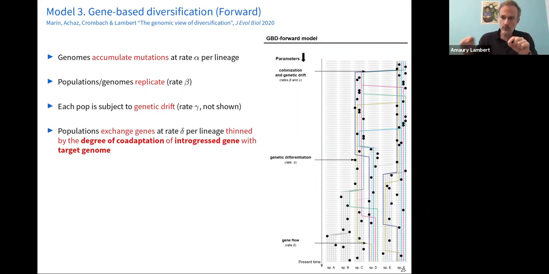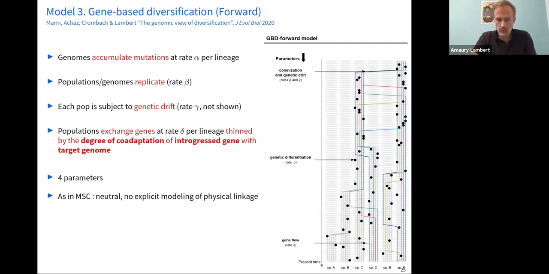So it does that at rate delta. But before being accepted in the target genome, it tosses a coin with probability equal to the degree of co-adaptation, so the fraction of gene lineages that are co-adapted with the introgressed gene. And so with this model, we have only 4 parameters.